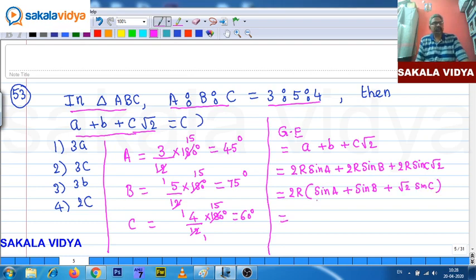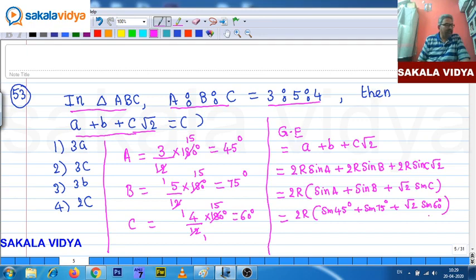Let us substitute the respective values now. That means A for 45, B for 75, sine 75, and plus root 2 times sine 60 degrees.